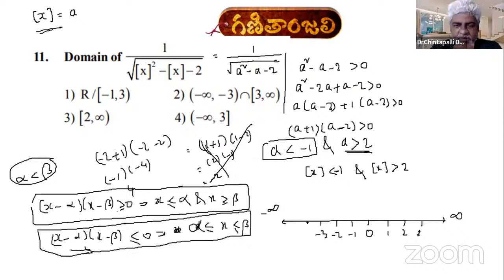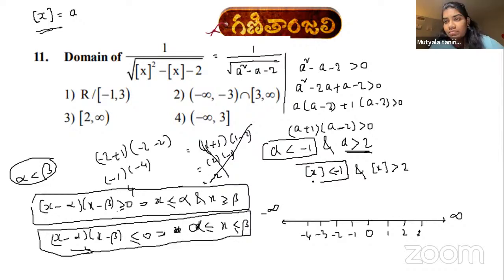First, give one example for a value of x which satisfies this equation. -4. Okay. What about if we take -1.1?